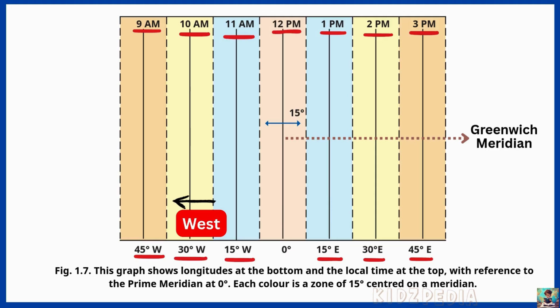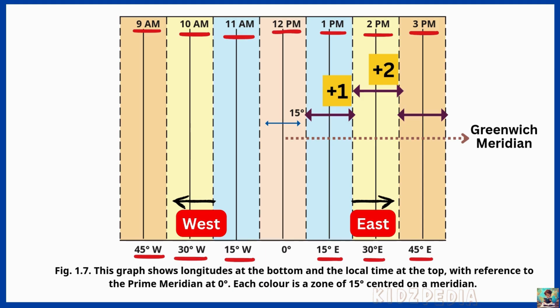That is, we add 1 hour to the previous time zone when we move east from Greenwich Meridian. At 15 degrees east, it is 1 hour later. At 30 degrees east, it's 2 hours later. At 45 degrees east, it's 3 hours later and so on. Similarly, when we move west from the prime meridian, we subtract 1 hour from the previous time zone.